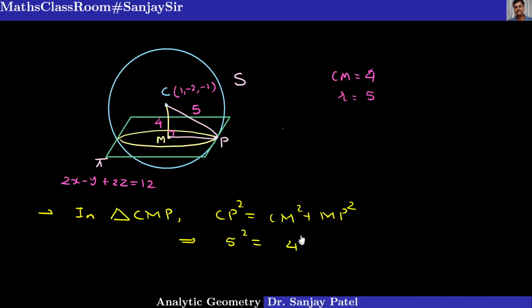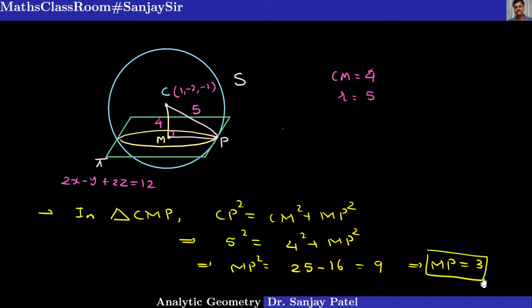CM is 4, so 4 square plus MP square. So we'll get MP square is equal to 25 minus 16 is equal to 9. So that gives me MP is equal to 3. So what is this MP? MP is the radius of the circle of intersection.